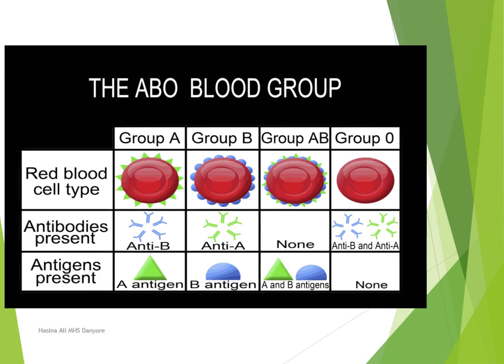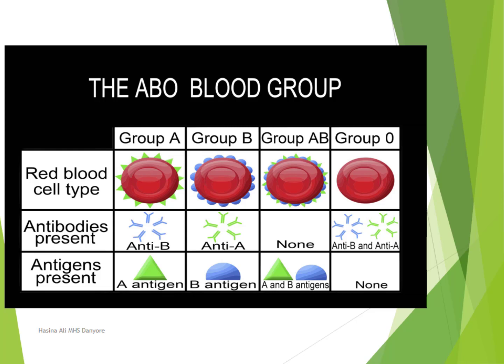Whereas in group B, the antigen B is present on the surface of red blood cell, and anti-A antibody is present in the plasma. And if we consider group AB, both antigen A and B are present, and there are no antibodies in their plasma.